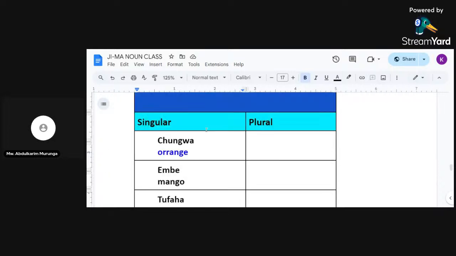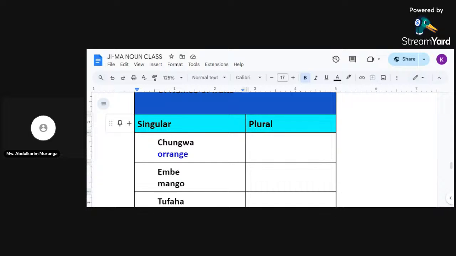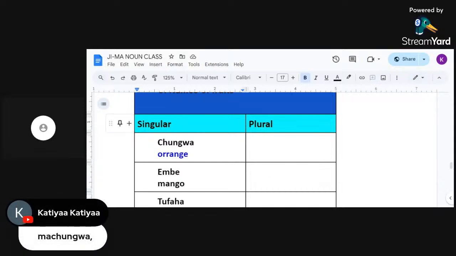The plural for chungwa. Katia anasema machungwa, vizuri. Machungwa, oranges.